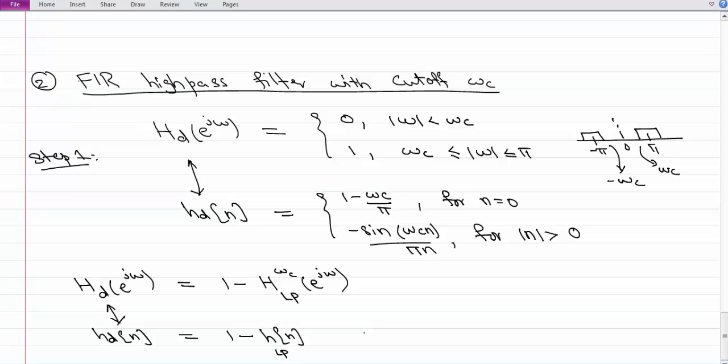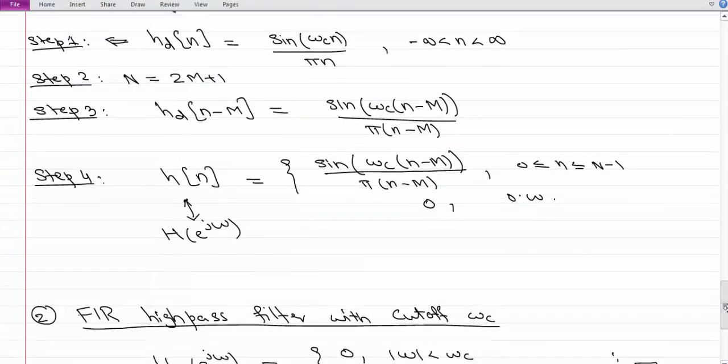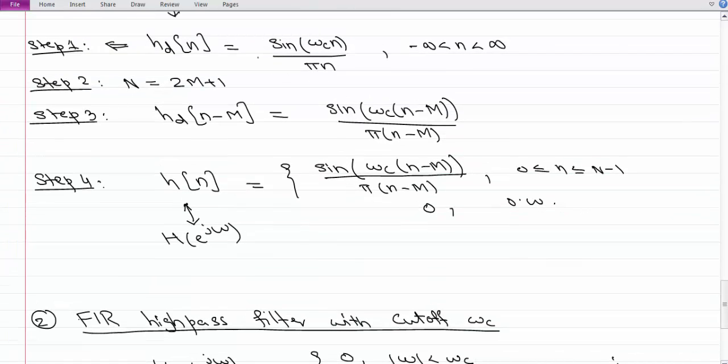So most filters that look like boxes actually can be derived by just posing them in terms of the low pass filter. So this is delta of n, not 1, and that's why you have 1 minus omega c over pi for n equal to 0, but for n not equal to 0 it's simply the negative of whatever you get for the low pass filter.